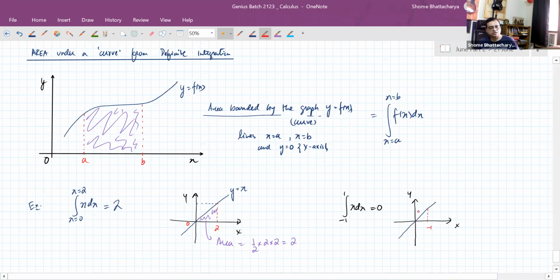Now we can see that this area, when we use the algebraic meaning of the term area, will become 0.